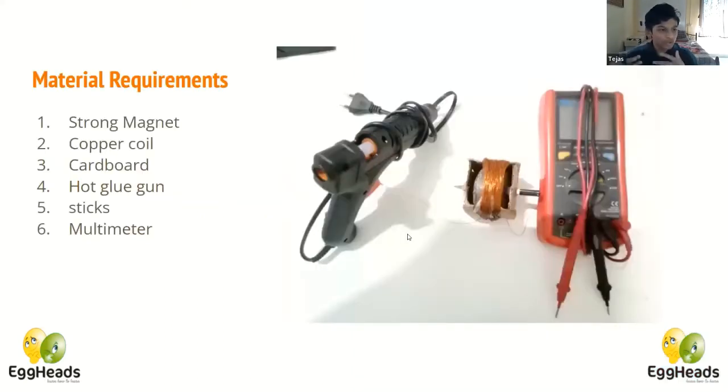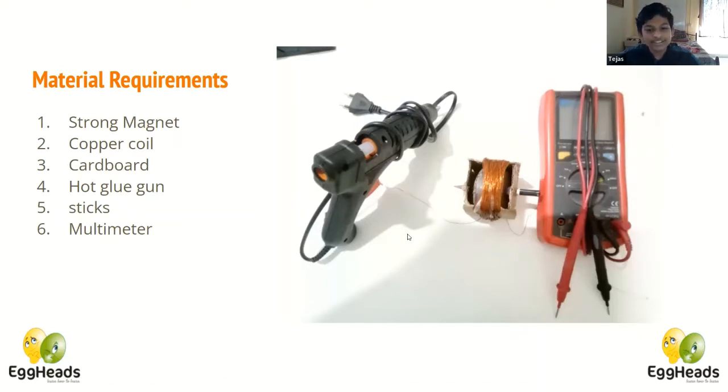So now, what do you need to actually make this project? I'm going to talk about what materials I used to make this project, but the steps of actually making it can be easily done with whatever material you have. First and foremost, you will need a strong magnet. And I would really recommend a strong magnet, as you'll see the mistake I have personally made.